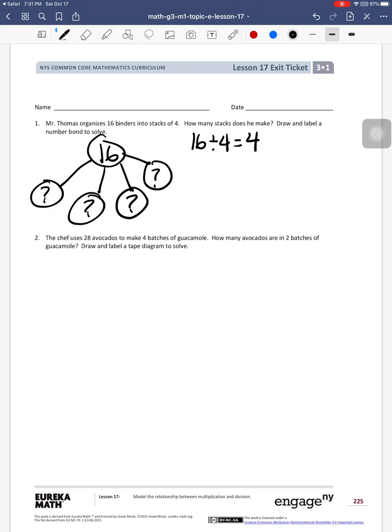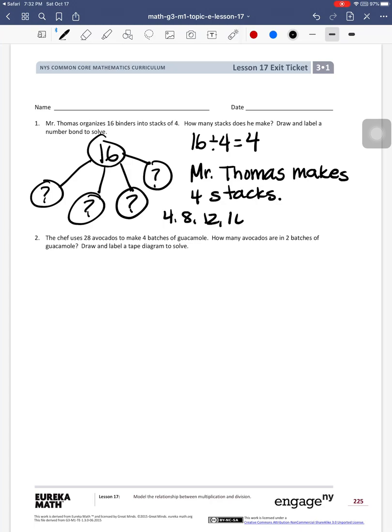So Mr. Thomas makes 4 stacks. And we could count. We could go 4, 8, 12, 16. And you see we counted on 4 times.